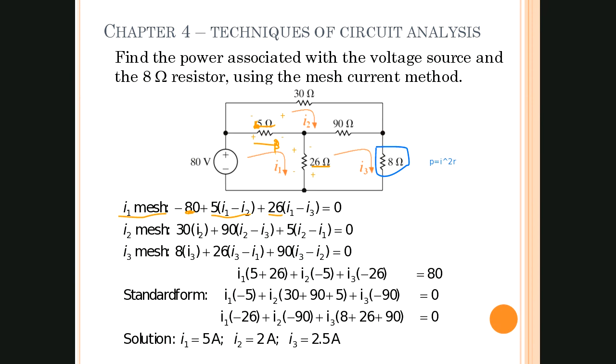So let me clarify or restate that. So again, if we're looking at this, because it is going in the opposite direction. So when we're looking at the 26 ohm resistor, which is right there in that center branch, and we're looking at it with reference to the I1 loop, it'll be 26 times I1, and that'll give me that voltage drop there, minus I3 going in the opposite direction times 26.